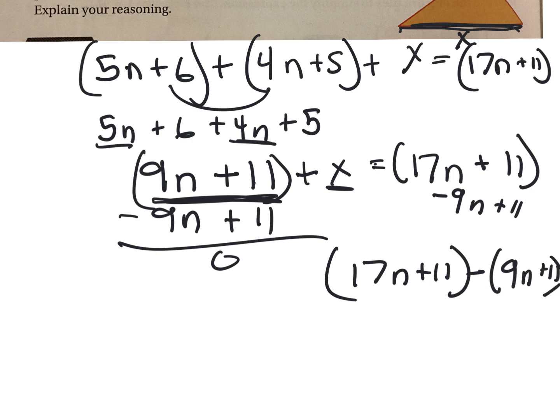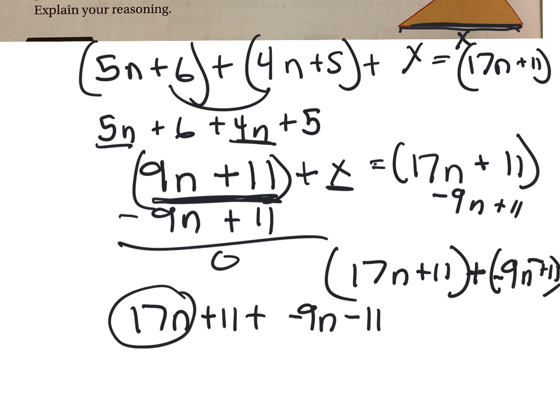Now I'm going to add the opposite. Change that to addition. Opposite of 9n is negative 9n. Opposite of positive 11 is negative 11. So now I have 17n plus 11 plus negative 9n minus 11. I have 4 terms.